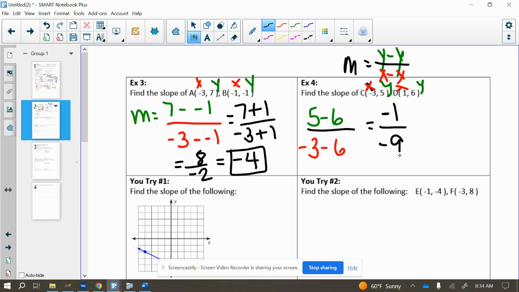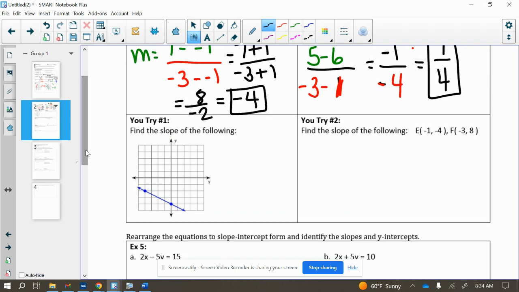Negative 3 minus 6 is negative 9... this should be 1 minus 1 over here, because that was the x value. So negative 4. And then the negatives will cancel out, and we are left with positive 1 over 4 as our slope there. And remember to always reduce, and it does not matter if you do c minus d or d minus c, you should get that same value each time.